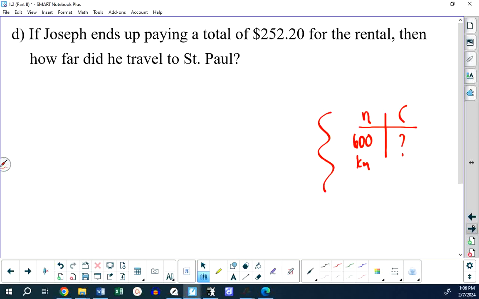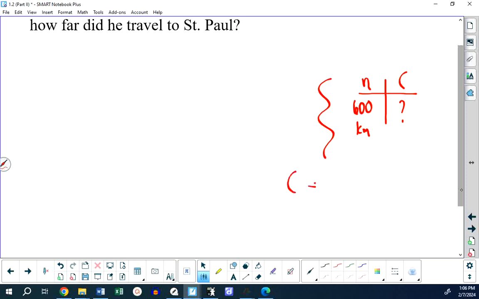Would you be able to find out the cost that he's going to pay? I hope so. And you would use the formula. You would say, well, the cost is 0.75 times the number of kilometers plus the 45.95. So even though this isn't a question in your notes, I want everybody to calculate what that's going to be.